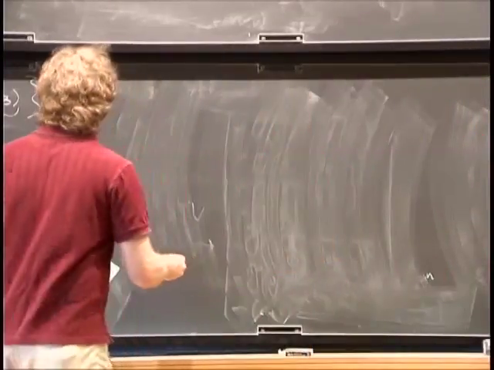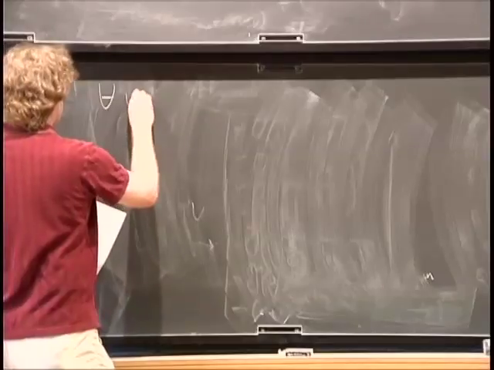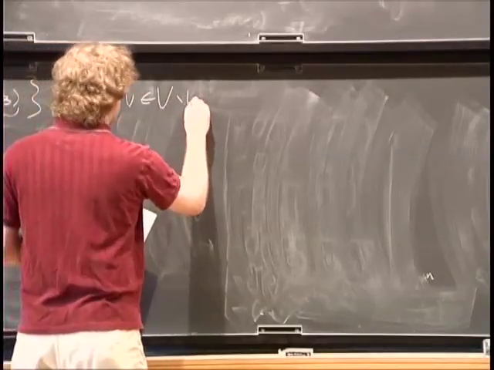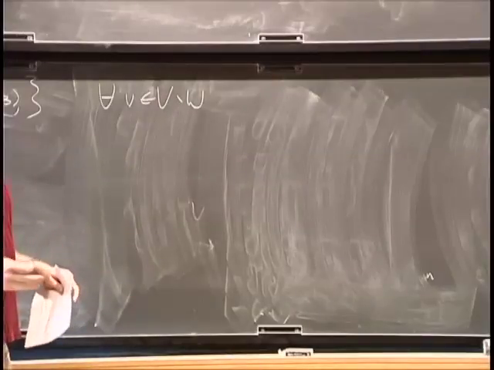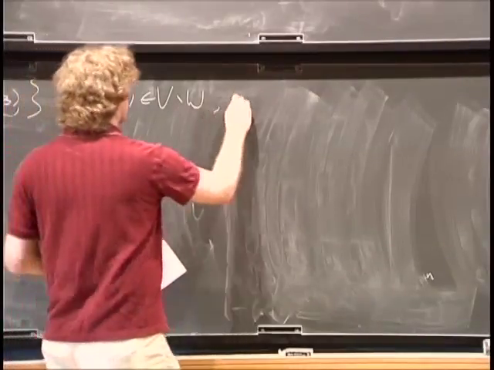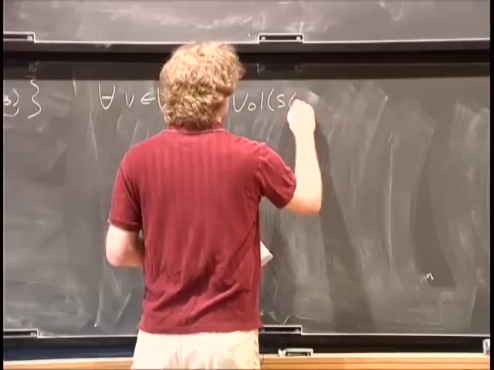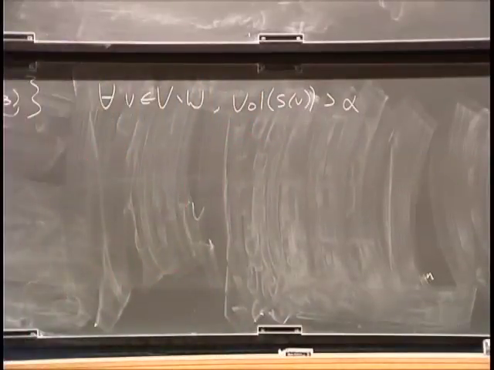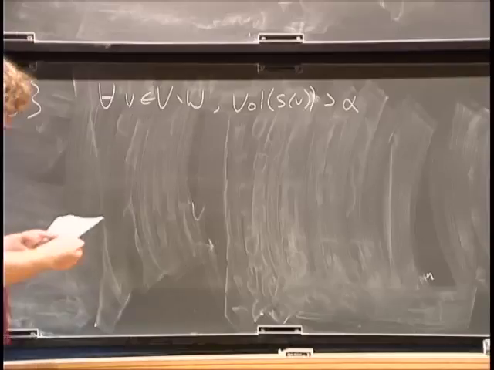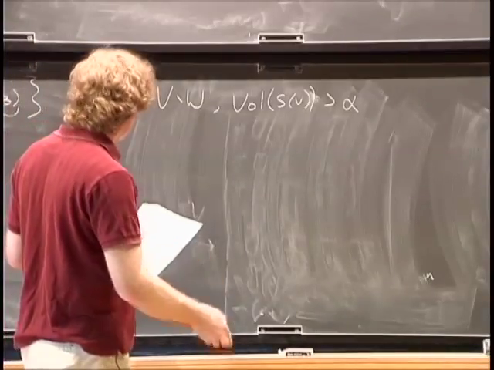Now, we'll look at vertices that are not outliers and that are in a big set. So we want something along these lines.